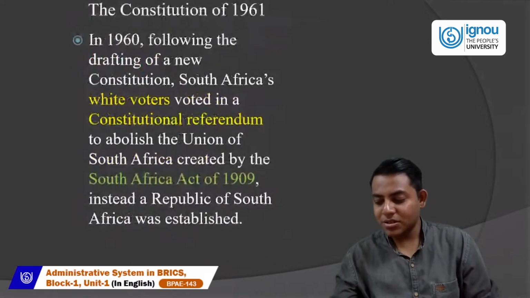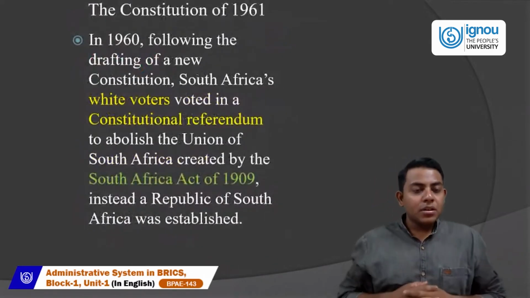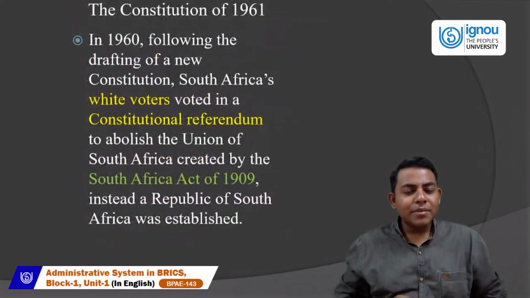Now let us discuss the constitution of 1961. In 1960, following the drafting of a new constitution, South Africa's white voters voted in a constitutional referendum to abolish the Union of South Africa, which was created by the South Africa Act of 1909.